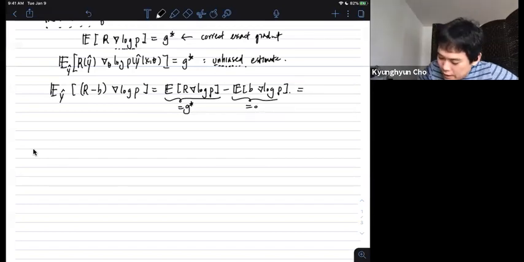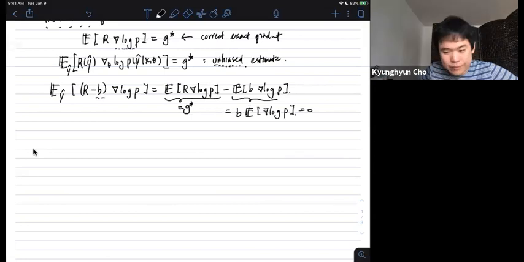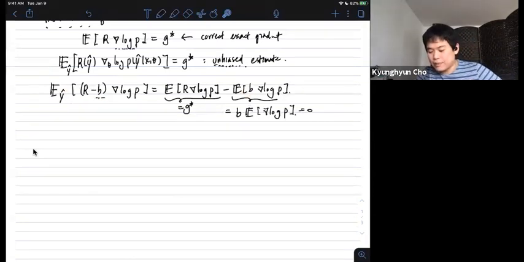Let's write it once more. This term, I can write as b times the expectation of the gradient of log p, and this is just 0. What it means is that as long as I subtract some b that is not a function of y hat, because if b were a function of y hat, I could not take this b out of the expectation.